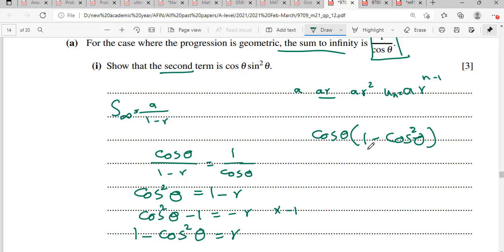If you go to the MF19, you see 1 minus cosine squared is equal to sine squared. So U2, the second term, is cosine theta sine squared theta. So that means it's correct. You just find a way. We did. It's all right.